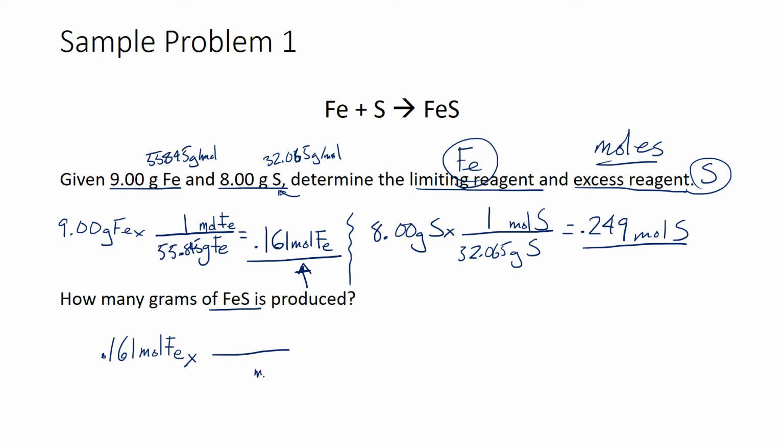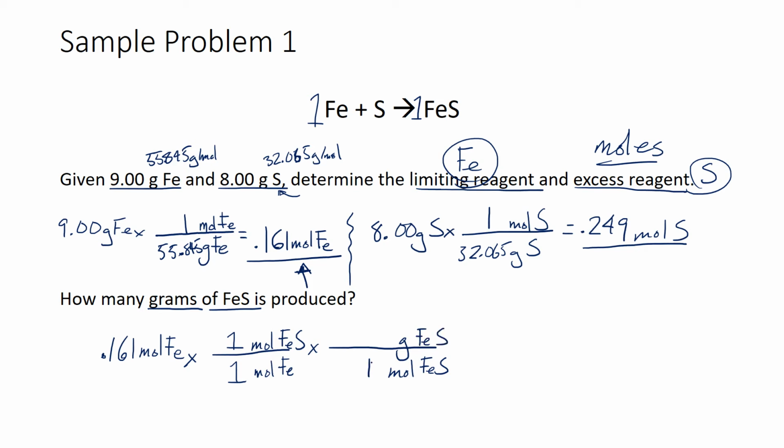So let's get out of moles of iron and go into moles of iron sulfide. And if you look up here, it's got a 1-to-1 ratio. You don't see the ones, but the ones are there, trust me. So a 1-to-1 ratio, so now I'm in moles of iron sulfide. Let's get out of moles. The problem wants grams. So let's get out of moles of iron sulfide and into grams of iron sulfide.